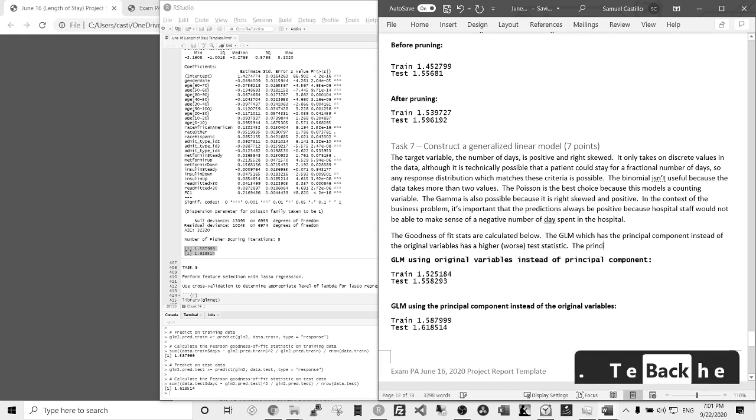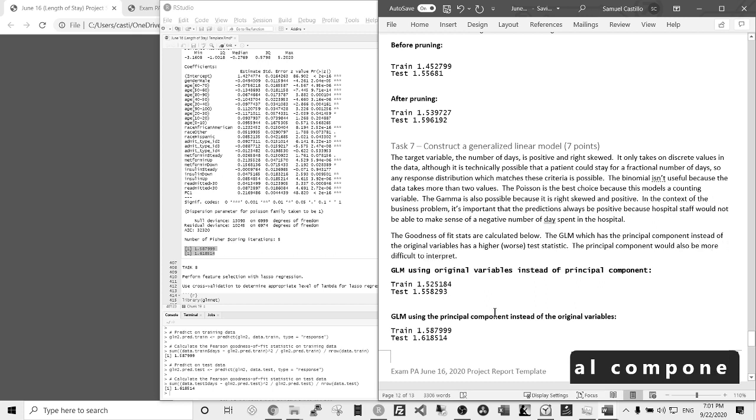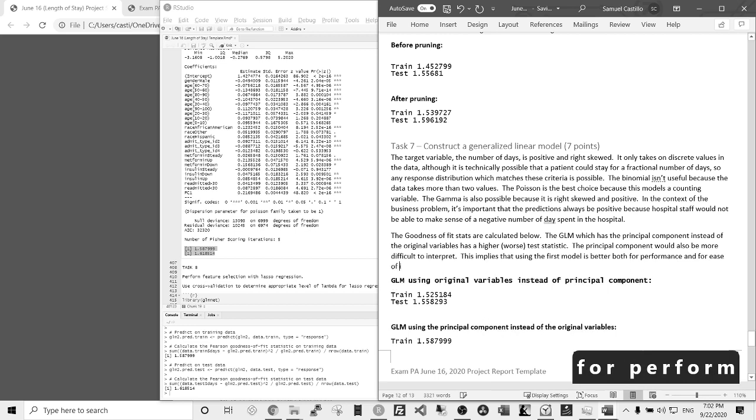So another disadvantage to using the principal component is that the result will be less interpretable, right? It would also be more difficult to interpret. So this implies that using the first model is better both for performance and for ease of interpretation.